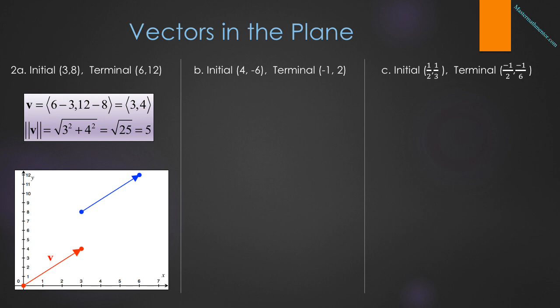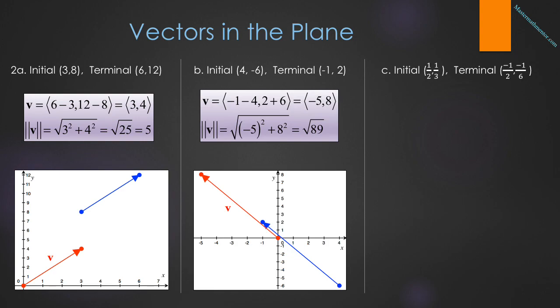So our vector is (6 minus 3, 12 minus 8), which becomes (3, 4). So the magnitude of that vector is the square root of 3 squared plus 4 squared, which is the square root of 25, which is 5. We see the initial and terminal point in blue, and then we see the corresponding vector in red. Those vectors are equivalent.